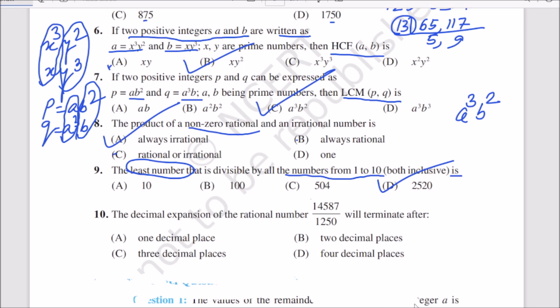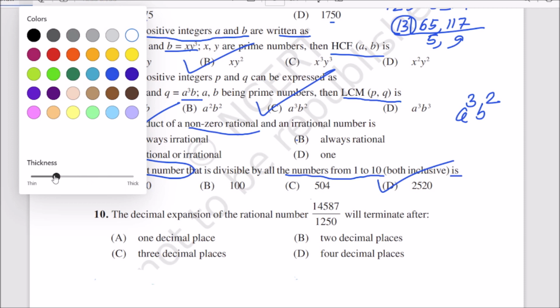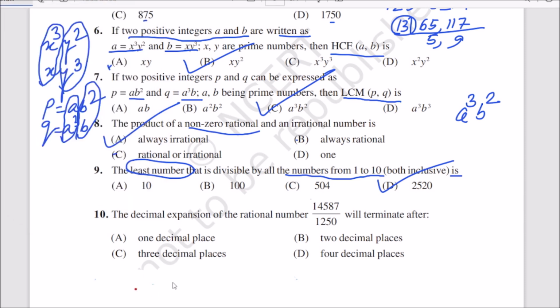So first what you have to do, you have to find the factorization of 1250. You have to see how many 2's and how many 5's are there and how many 10's can be made. So 1250, if we find the factors, it will be 5, 250, 5, 50, 5, 10, 2, 5, 2.